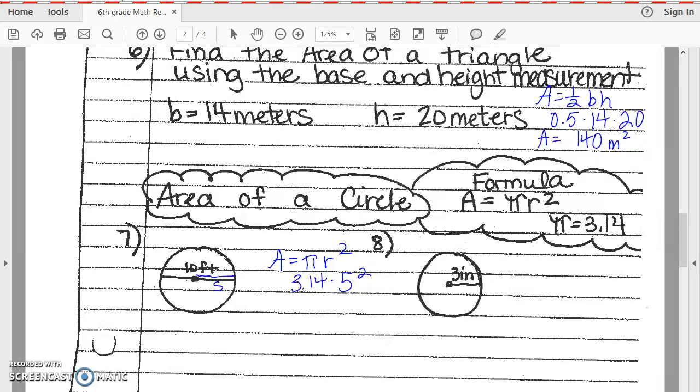Exponents. So I'm going to go 5 squared first. And I'm going to go 5 times 5. The 2 tells me that's 2 5s. 5 times 5 is? 25. Bring down your 3.14 and times it by 25. So now use your calculator and times 3.14 times 25.